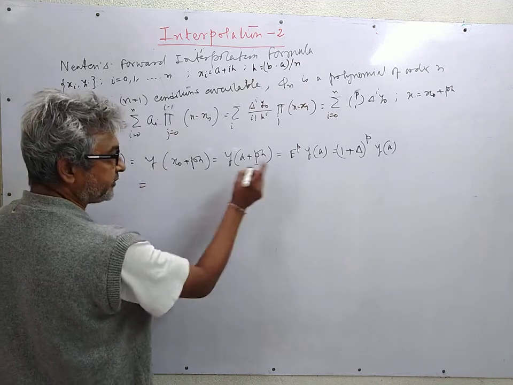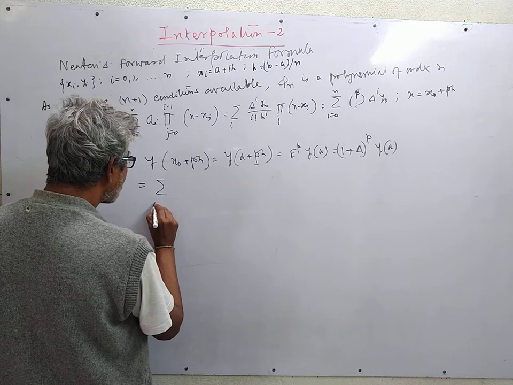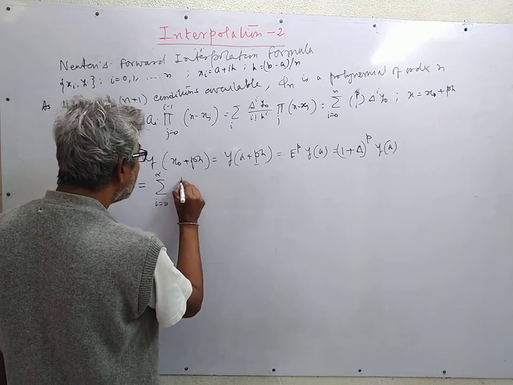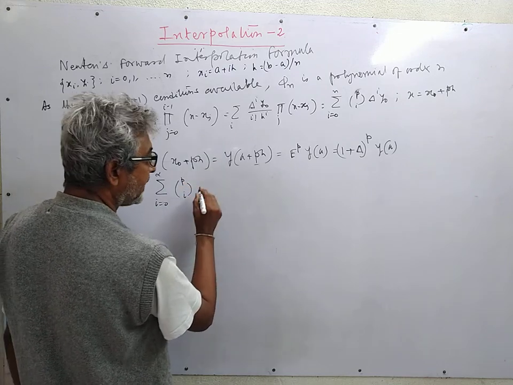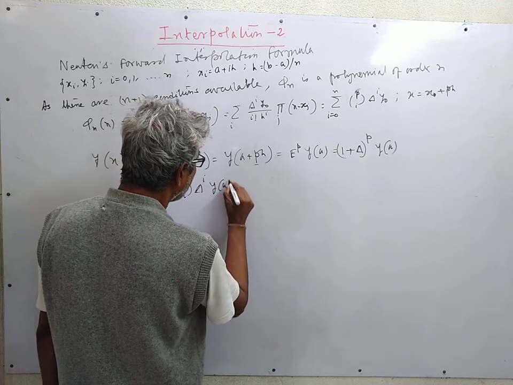So we write it as the sum over i equal to 0 to infinity of p choose i, delta i of y at a.